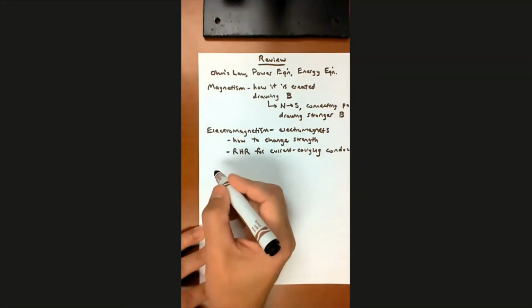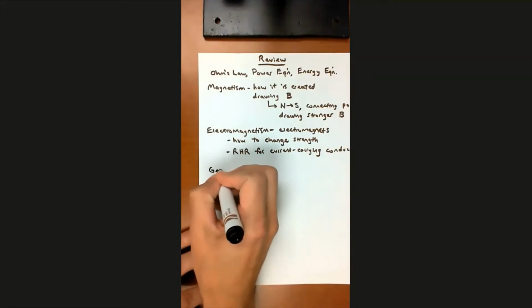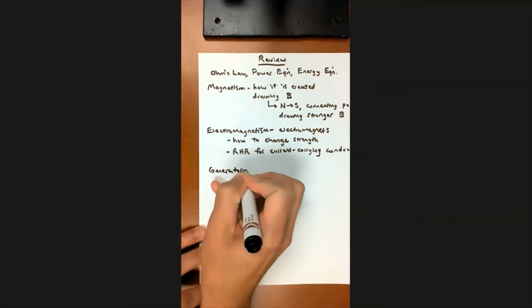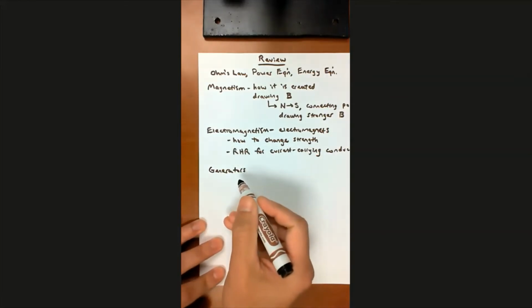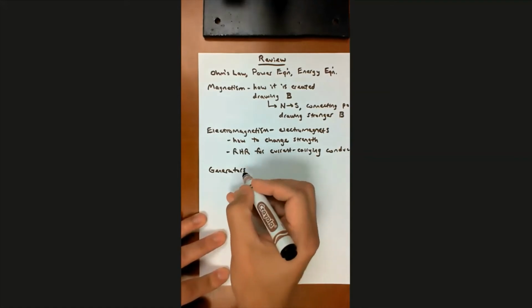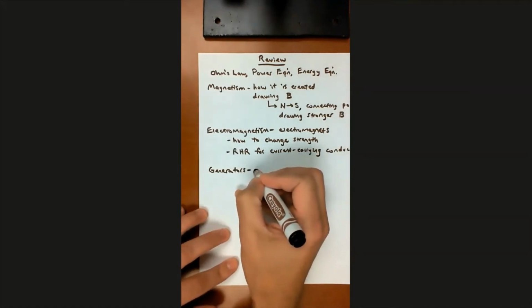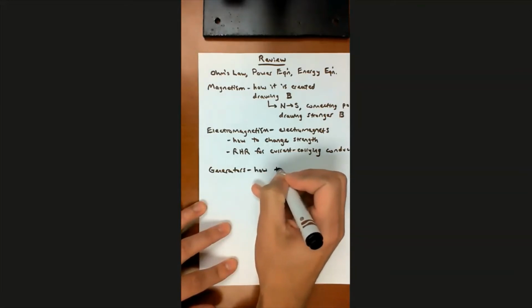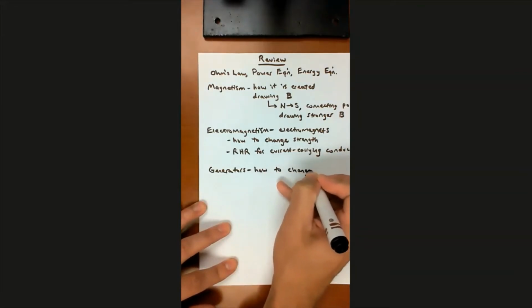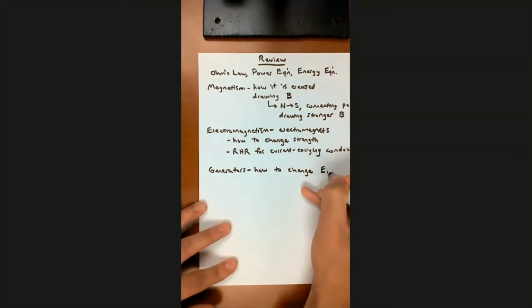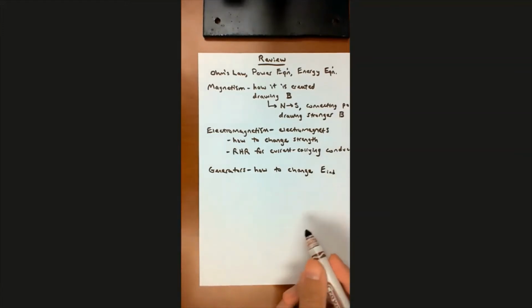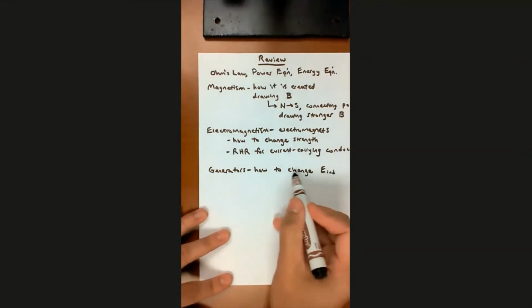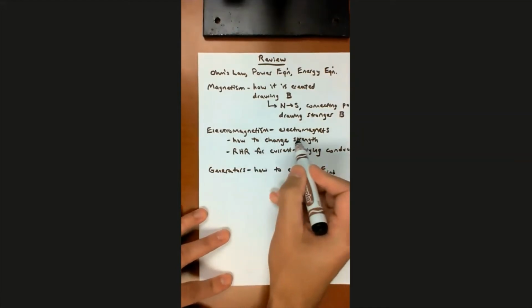All right, and then we talked about generators and induced voltage. And we talked about how to change the induced voltage. And this is what I was just mentioning. These are different than these.